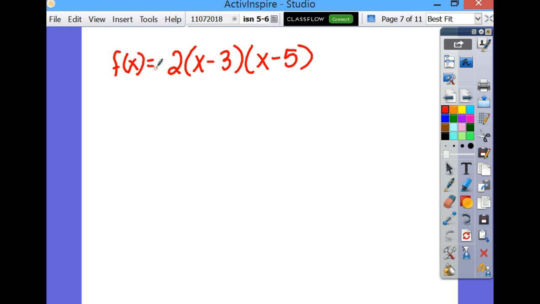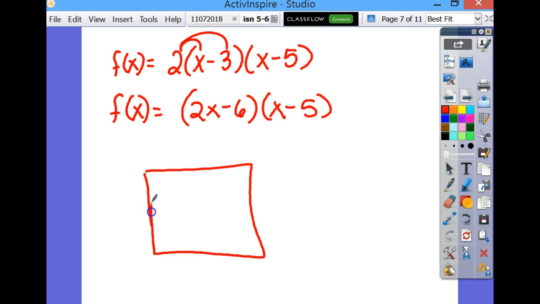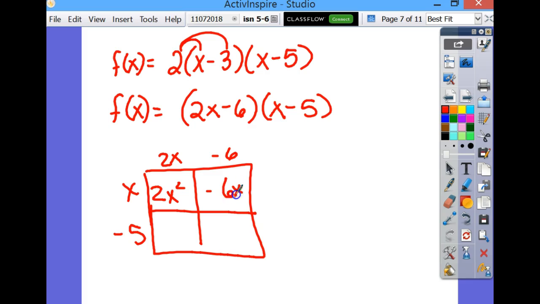You can distribute the 2 first, or you can do a box problem first and then distribute the 2. I'm going to go ahead and distribute the 2 first, and then I'm going to do a box problem: 2x squared minus 6x minus 10x plus 30.